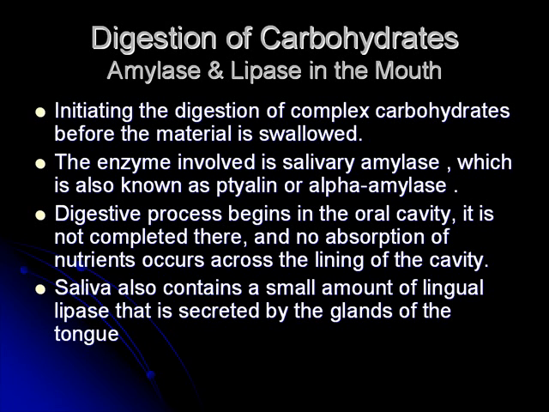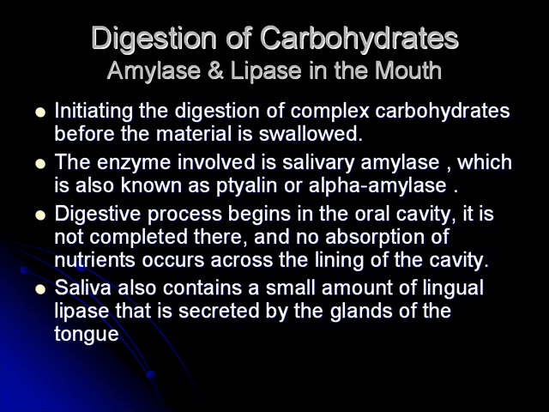Now, the digestion of carbohydrates by amylase and the digestion of lipids by lipase occur in the mouth, or at least begin in the mouth, initiating the digestion of complex carbohydrates before these materials are even swallowed. The same is in effect for certain types of lipids.